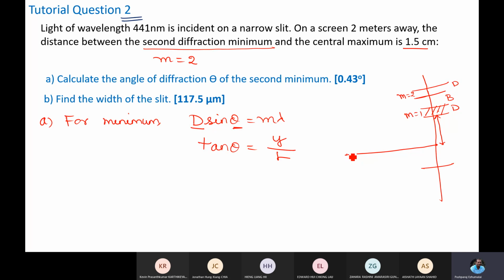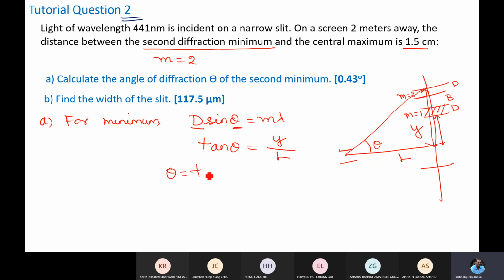So what should be this angle? This is the slit, and from the slit to here, we need to find out the angle. This distance is given in the problem, 1.5, so this is the y value and this is the L value. So from tan theta we find the angle.